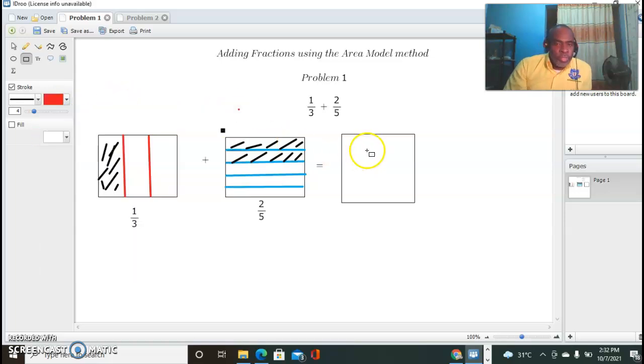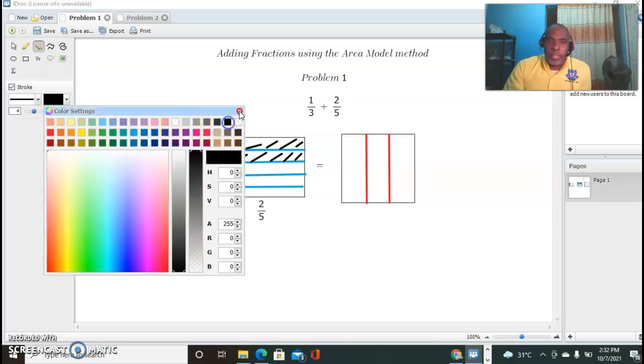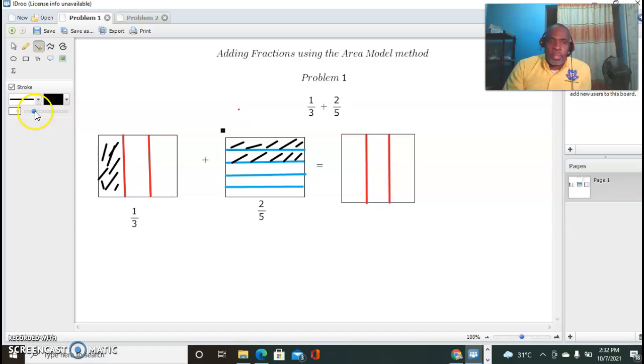So note this rectangle, I'm going to be using this example here. I'm going to divide it into 3 first. Good. Then I'm going to shade it. And it's properly shaded.